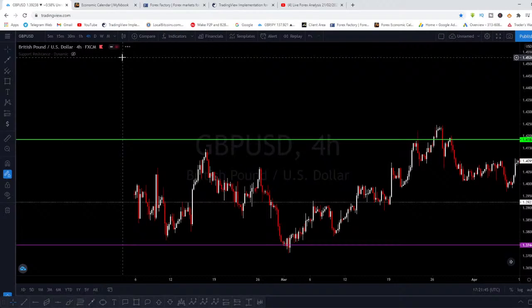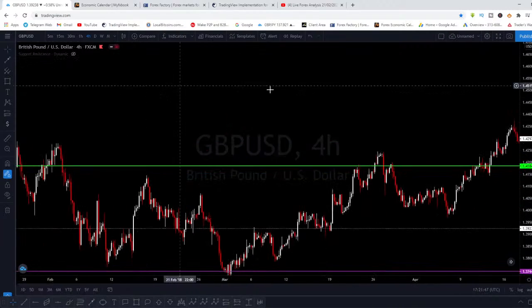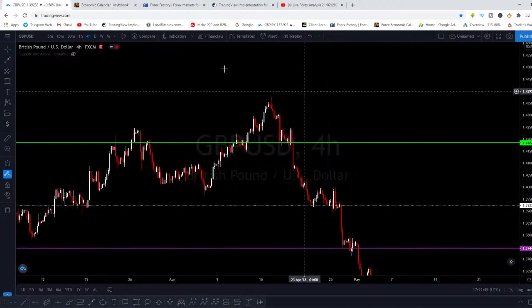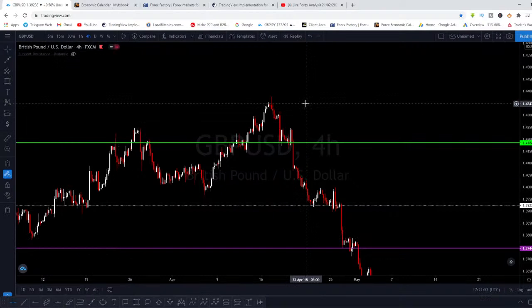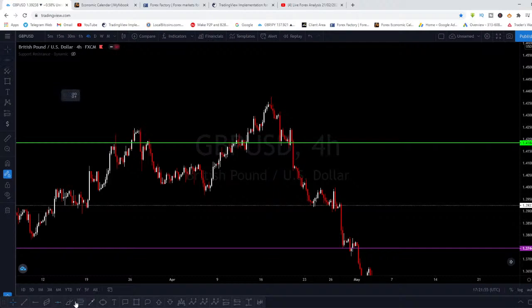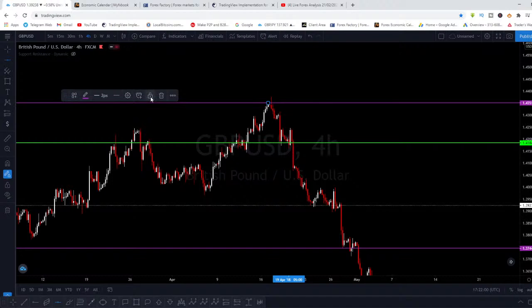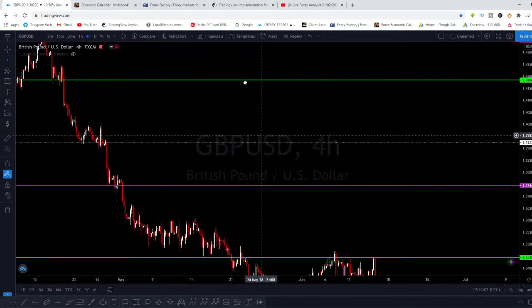Okay. So you see that after that level got broken, this will be the next target. Right here will be the next target for now. Remember what I said? I said for now.